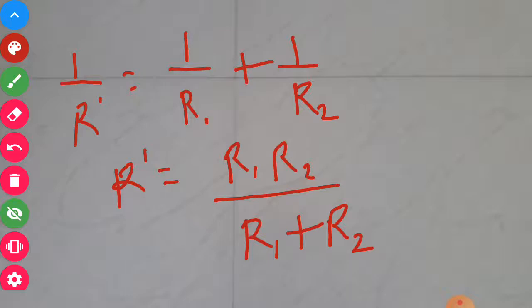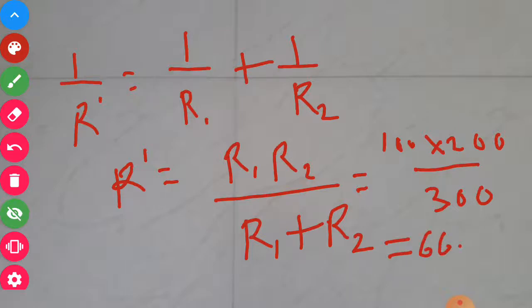If you find the value of this R prime using this, then it becomes 100 into 200 upon 100 plus 200, which is 300. So this becomes 66.666, so it is approximately 66.7 ohm. This is the value of R prime.